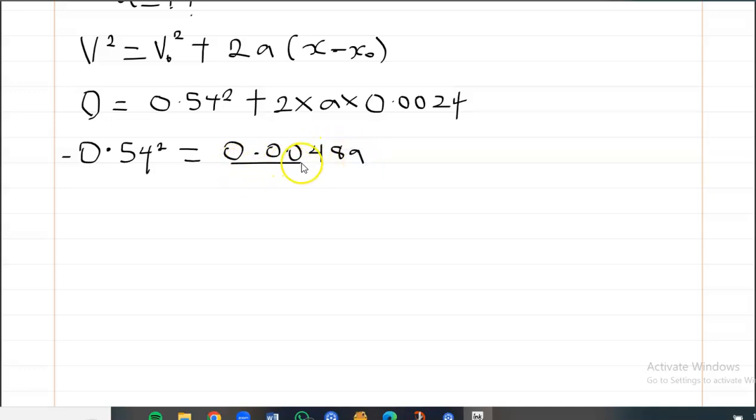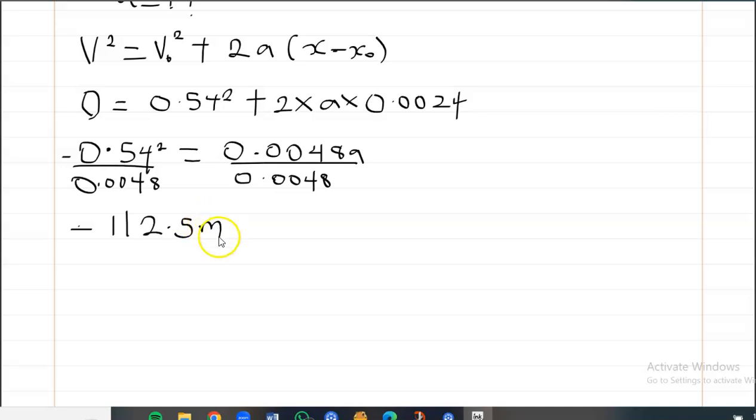So we divide both sides by 0.0048. So when we do that, we have that our acceleration is negative 112.5 meter per second squared.